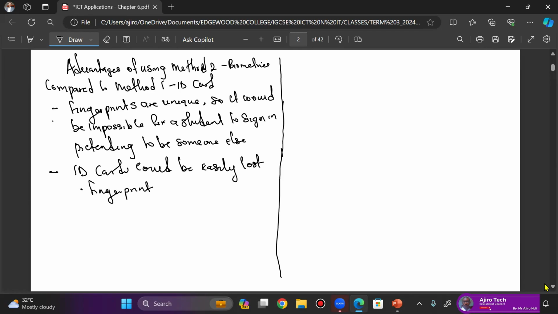They can't tell you, okay Mr. Jao, I lost my fingerprint. I don't think that's possible. How can you lose your fingerprint? Because fingerprints are part of you, they cannot be lost. Let's talk about another one. Now, ID cards are affected by magnetic fields.